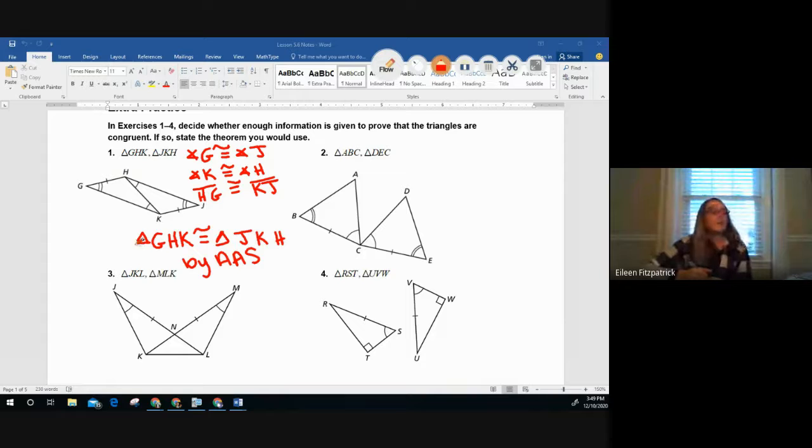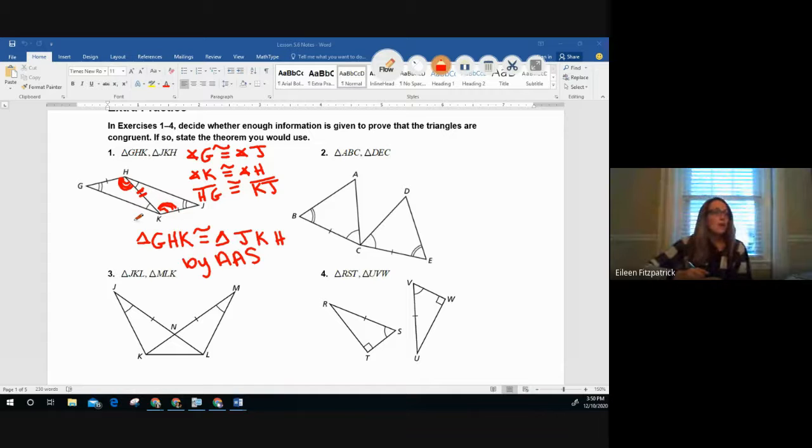Now, technically, you could mark this reflexive piece, this side is congruent to itself. And using the third angle theorem, you could mark this angle equal to that one. We can justify making those markings: the third angle theorem allows me to mark those angles congruent, and the reflexive property gives the side.